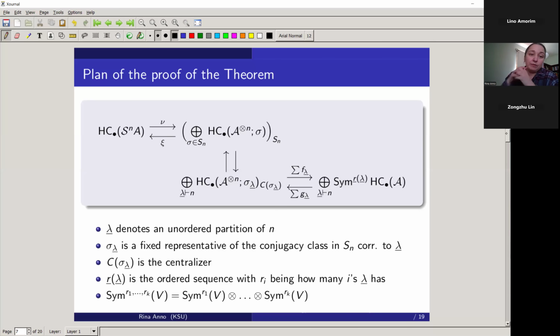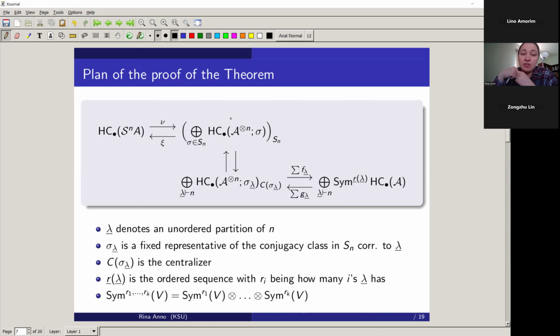We establish an isomorphism of the Hochschild homology of SNA with the direct sum over all elements of the symmetric group of the Hochschild homology of the Hochschild complex of A, the nth tensor power of A, twisted by sigma, where sigma is an element of the symmetric group. We take this direct sum over all elements of the symmetric group and take coinvariance under the action of Sn.